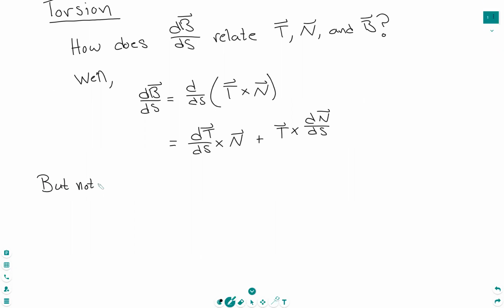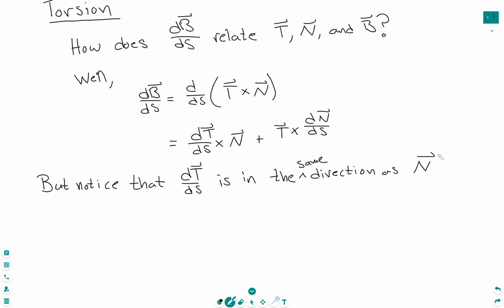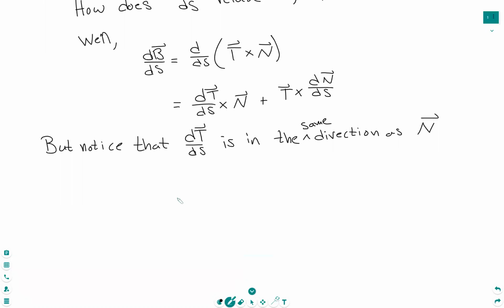What we're going to notice is that dT/ds is in the same direction as our N. And to see that, just think about how you decompose this derivative with respect to, so if we wanted to say, how did we relate this to dT/dt?